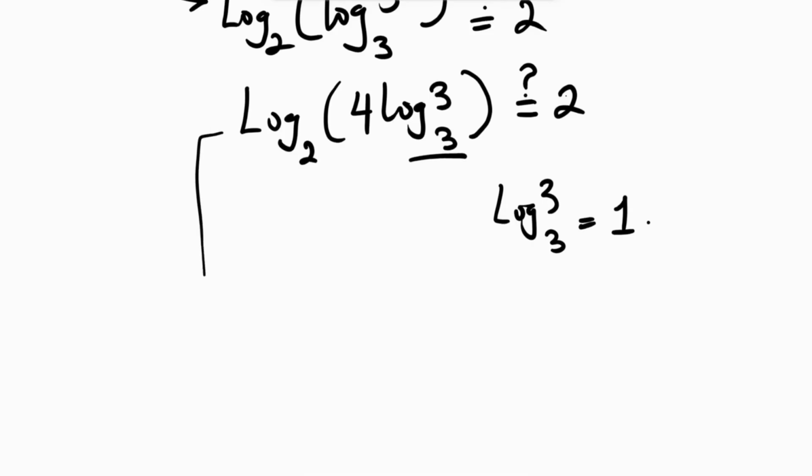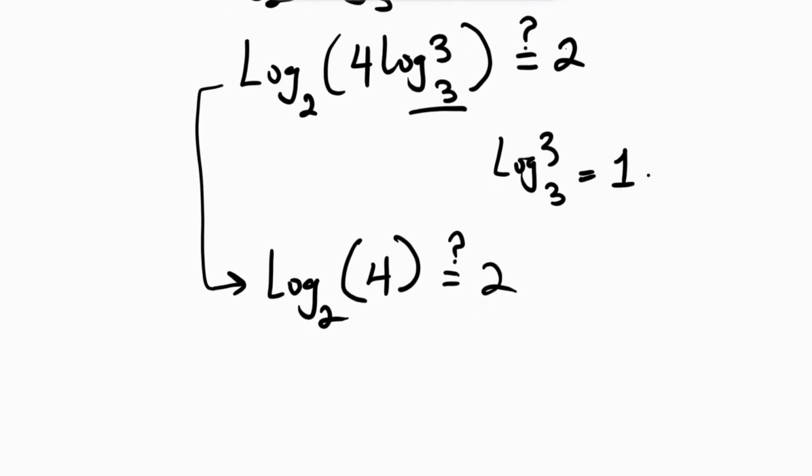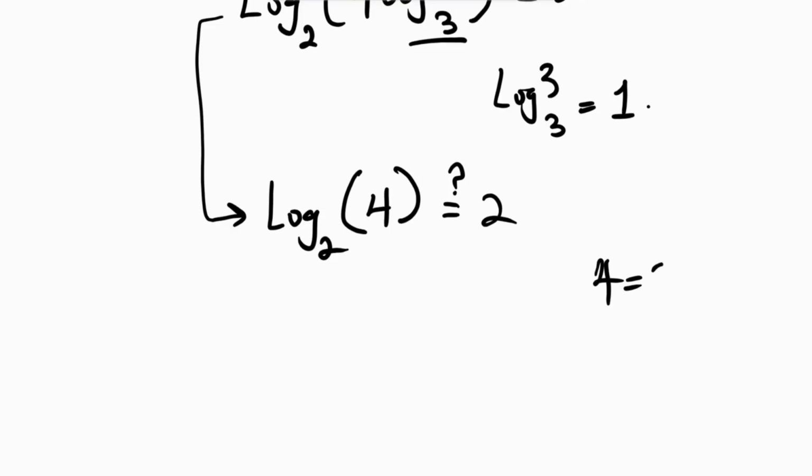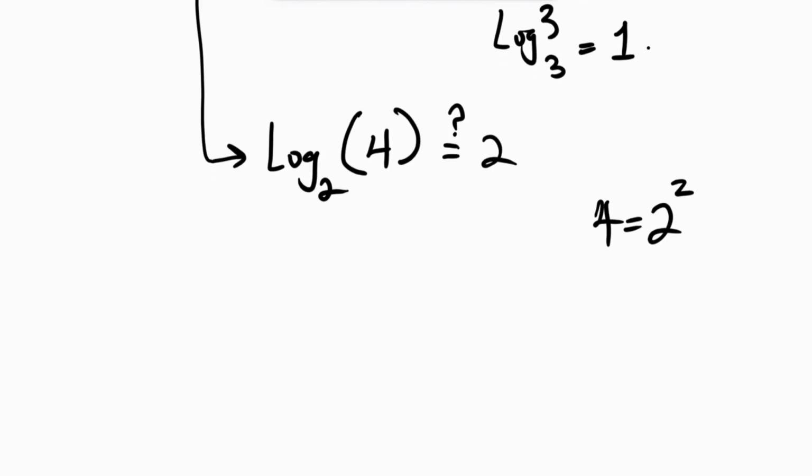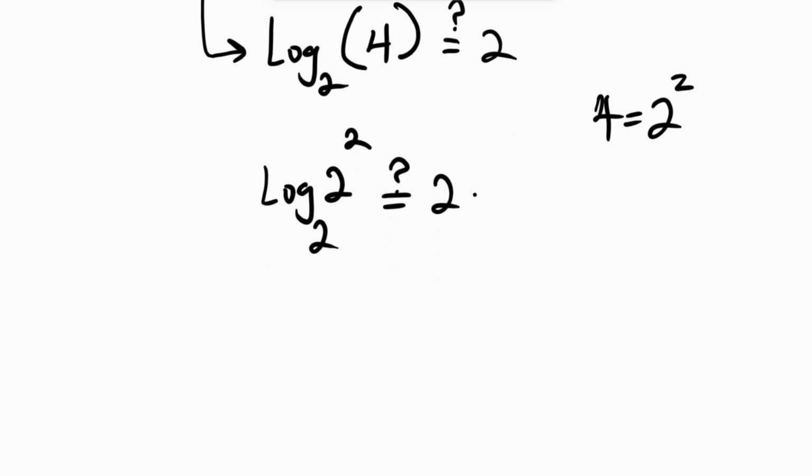So now we have log to base 2, 4. 4 is the same thing as 2 squared, right? So now we have log 2 raised to the power 2 base 2. And this 2 moves over there. We have 2 log of 2 base 2.